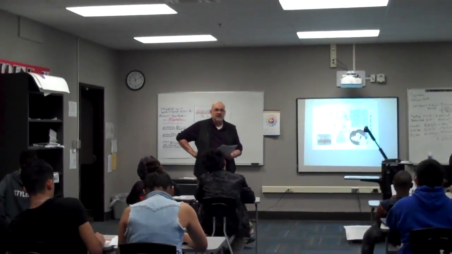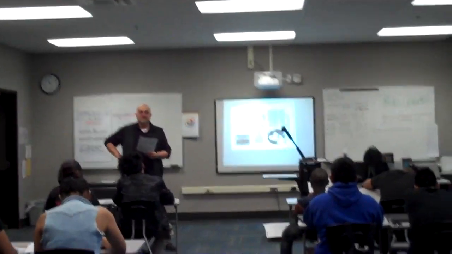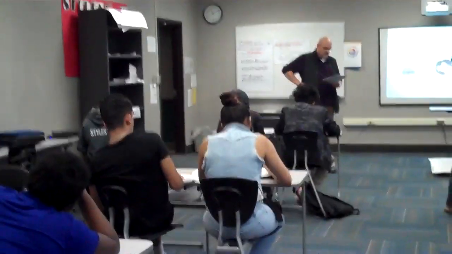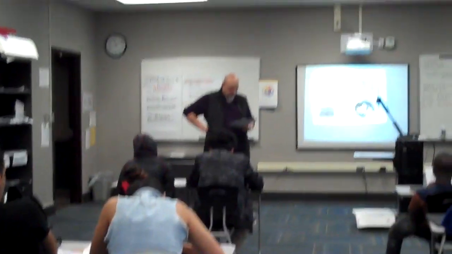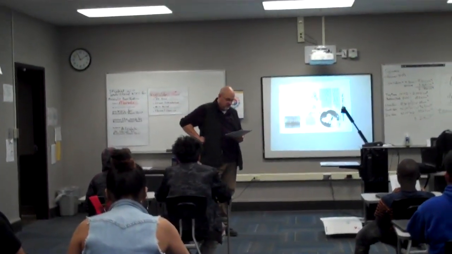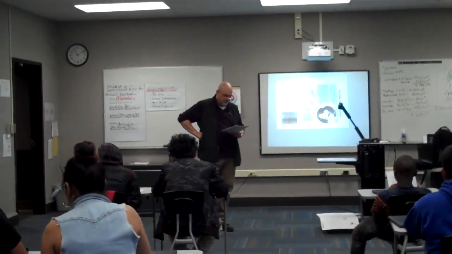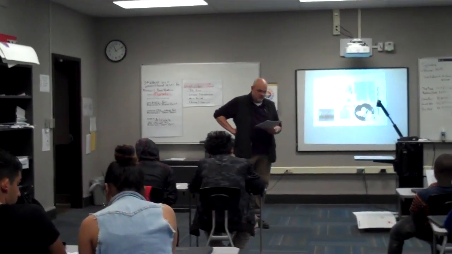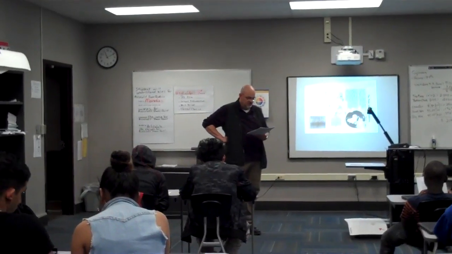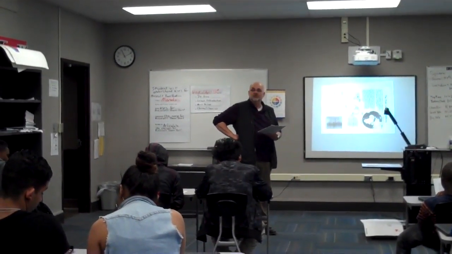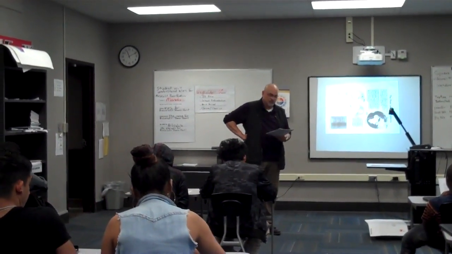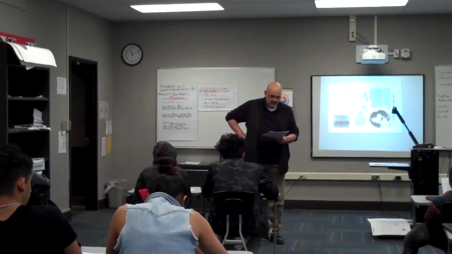All right, volunteer for the next paragraph, please. Anlo, take it away. On one side of the earth is called the Prime Meridian. The Prime Meridian runs through a place called Greenwich, which is in England.